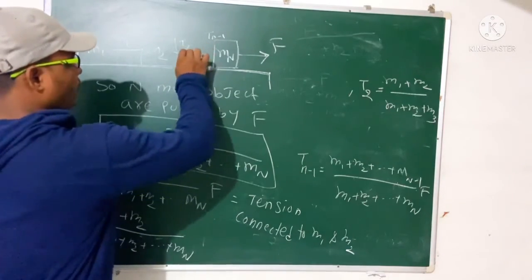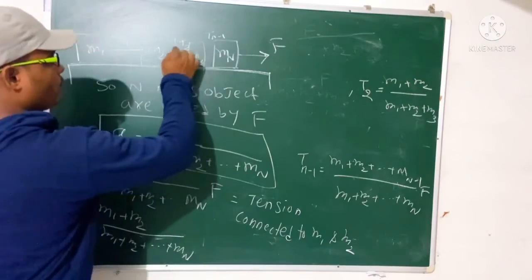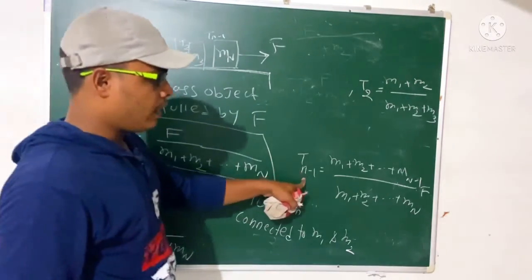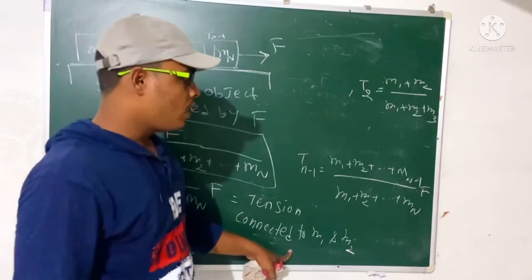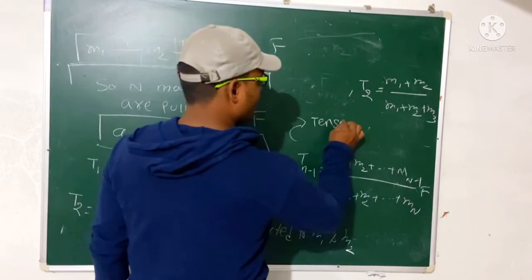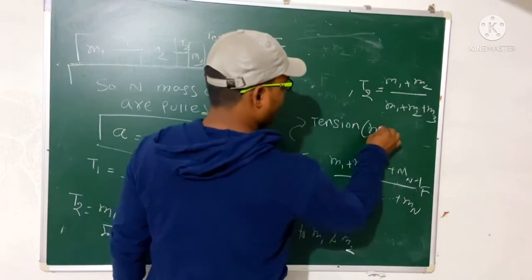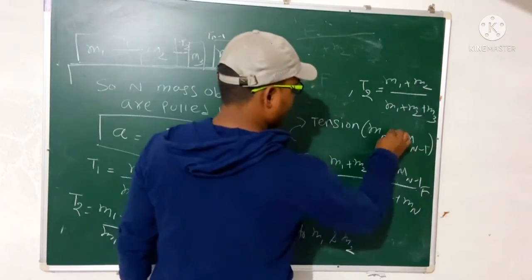Right? So here M3 is there. Similarly, what is Tn minus 1? Tn minus 1 is the tension between Mn and Mn minus 1. So this is the tension.